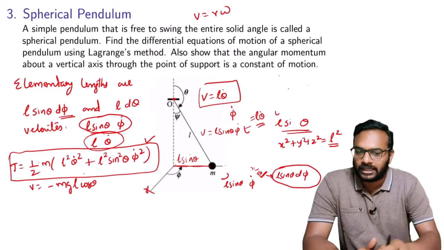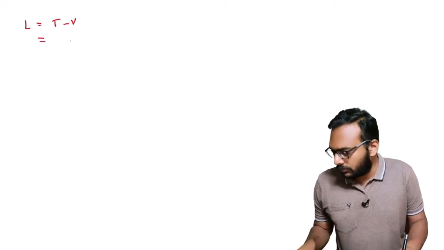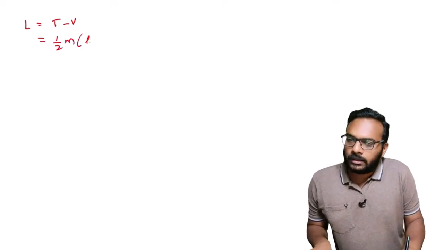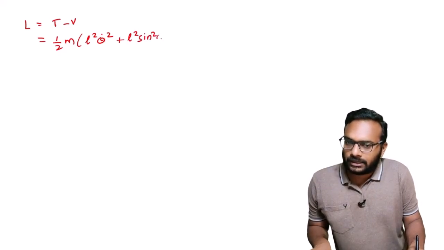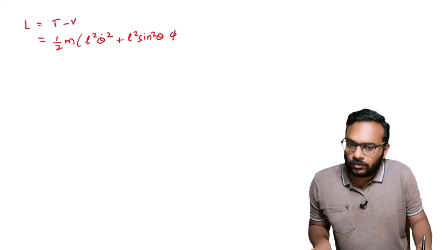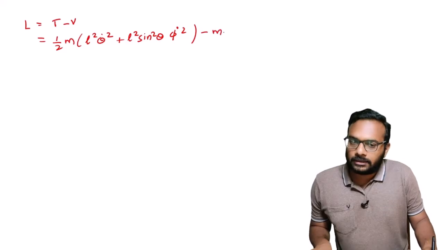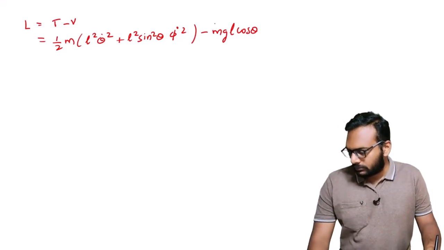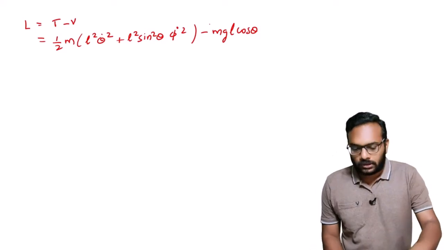The Lagrangian is T minus V, which is half m L square theta dot square plus L square sin square theta phi dot square, minus mgl cos theta. Is that correct?